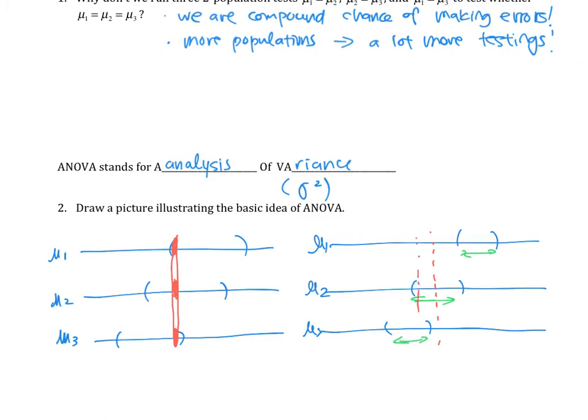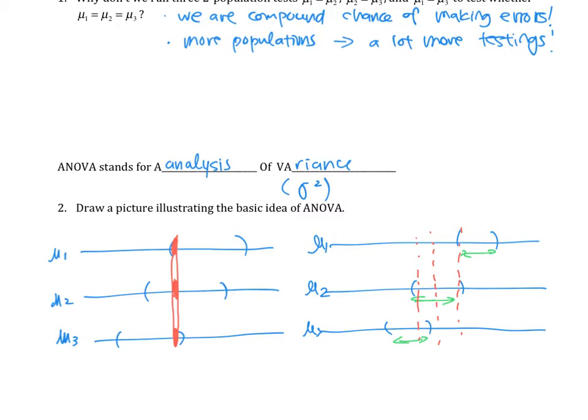Here, this line includes mu2 and mu3, but not mu1. This line may include mu1 and mu2, but not mu3. So I can't find a place where all 3 confidence intervals overlap. That means it's going to be hard to have all the means equal to each other.